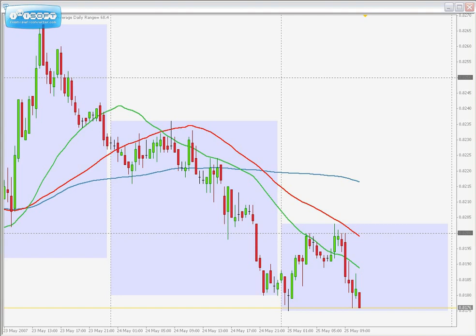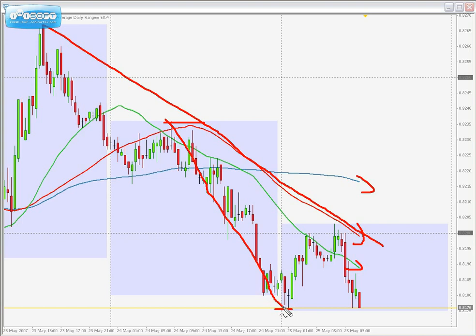It's the Australian dollar against the American dollar on the 30 minute chart, and as you can see, we're seeing a nice downtrend, with the moving averages pointing down. Also, if you measure this downswing, it retraces up to the 38 Fibonacci retracement.